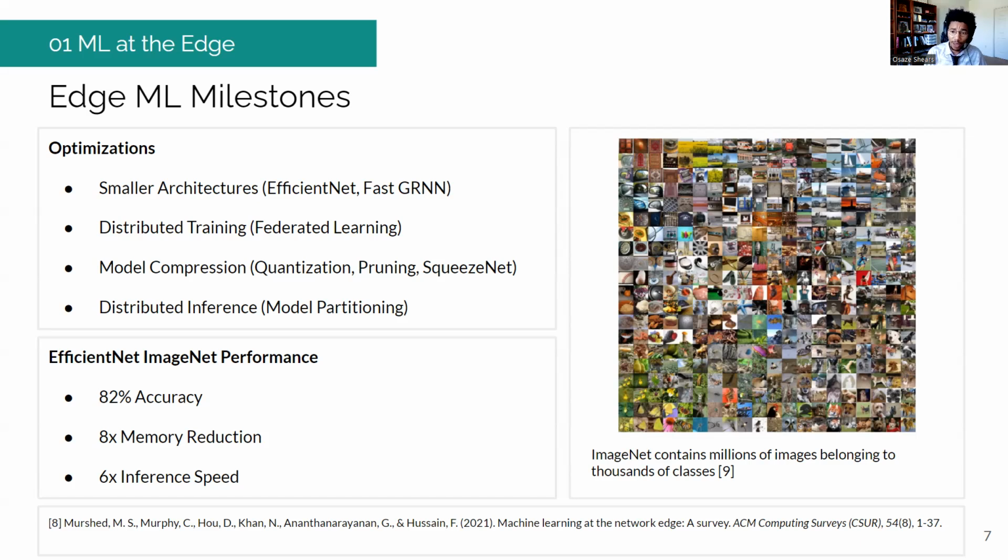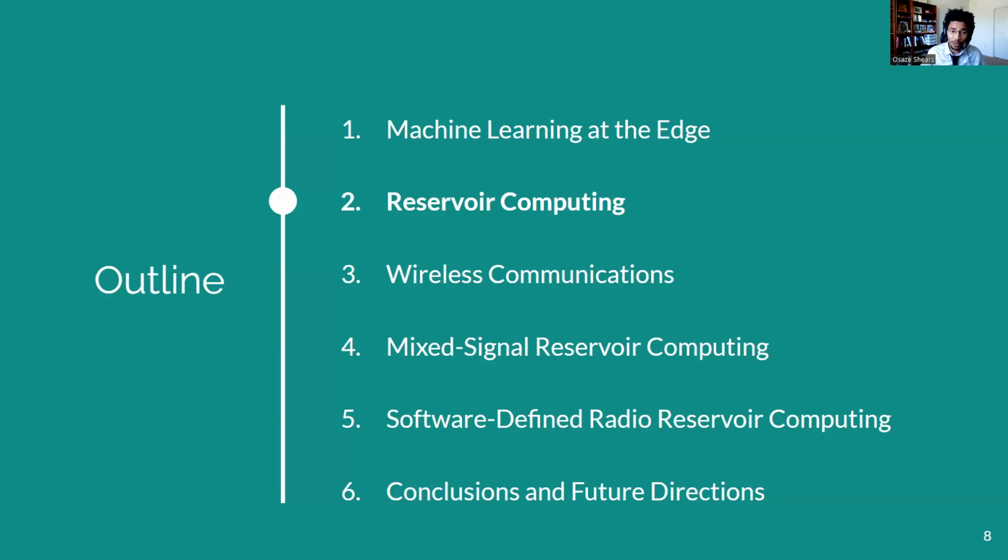And so given that we have a background now, we can jump into reservoir computing, which is a little bit of a different approach for these machine learning types of systems, and see how we actually apply that for our wireless communications applications here.